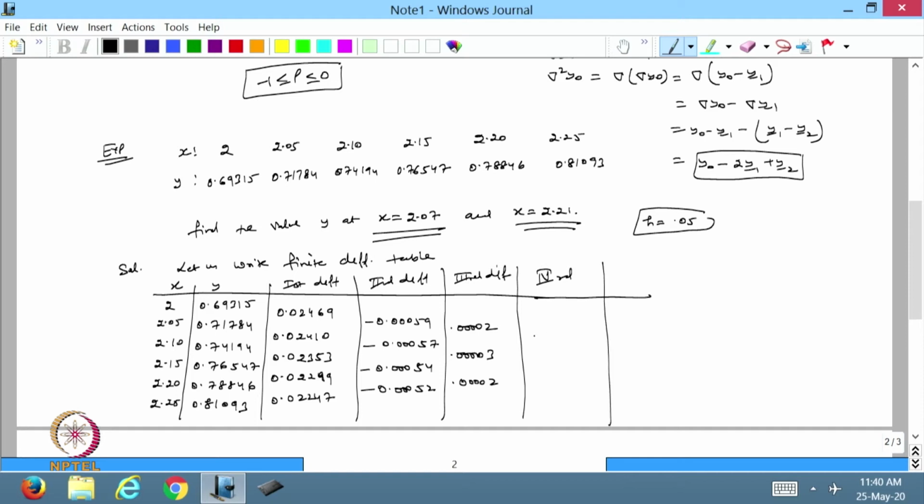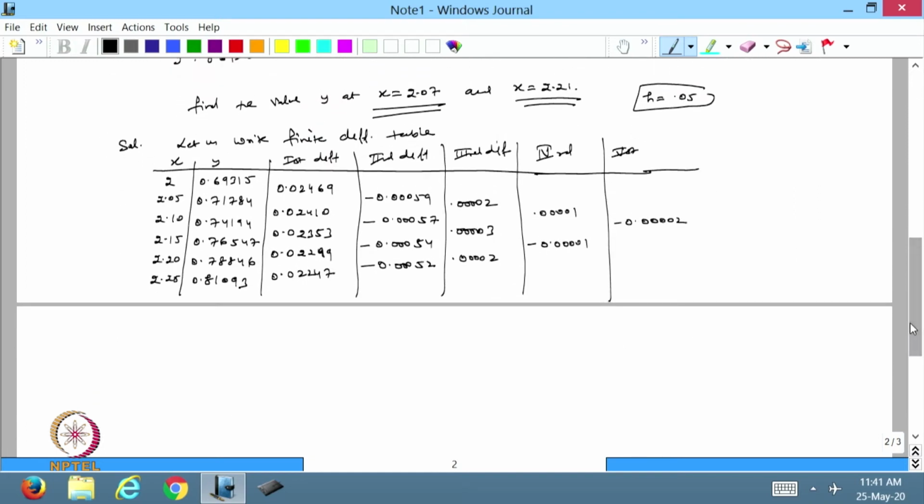So, this will be 1 and minus. Fifth difference will be minus 0.0002, and I know that fifth difference will be a finite with a constant, and the sixth difference will be 0. So, that is my finite difference table.